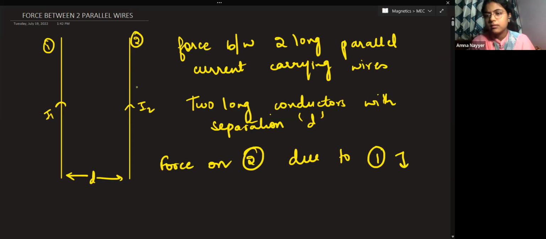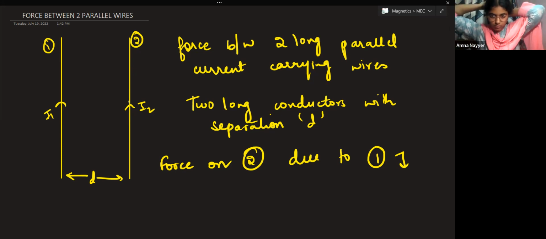We have done so many cases: circular wire, finite wire, infinite wire. At distance d, the formula is B is equal to mu naught I divided by 2 pi d. That was the formula of magnetic field. Forgotten? Just go back through your notes and revise it once.